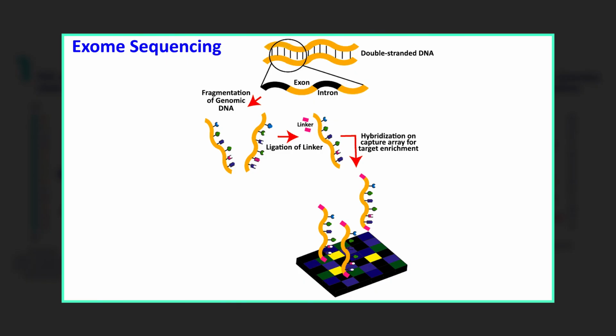Exome sequencing is a process that's used to determine the nucleotide sequence primarily of the exonic or protein coding regions of an individual's genome and related sequences, representing approximately 1% of the complete DNA sequence.